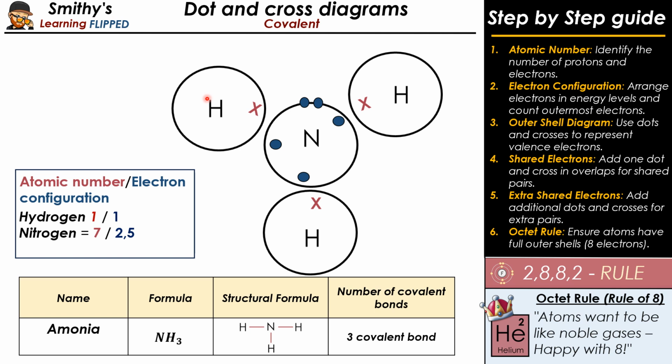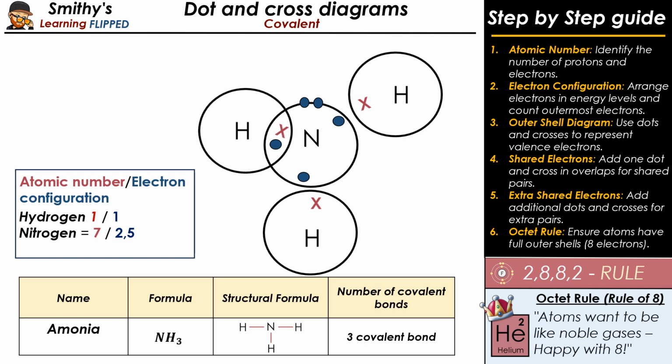You've got 3 hydrogens, each with their 1 electron, and we've got our nitrogen in the middle with its 5 electrons. As usual, hydrogen is only ever going to make a dot and cross single covalent pair, but there's actually 3 of them doing it. So this should result in there being 3 shared electrons with the nitrogen.